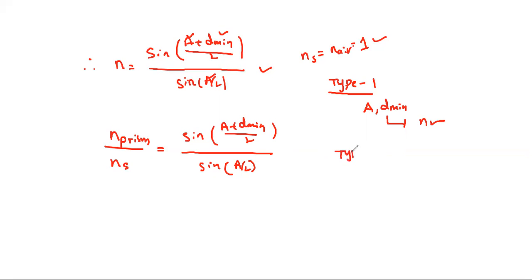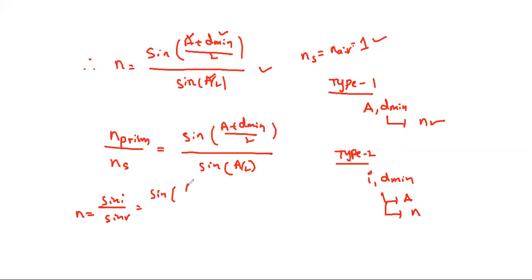In type 2 category, he will give I and D minimum. By means of that, you need to find out A first, and then you need to find out the refractive index. So to find that, you should compare the equation: n is equal to sine I by sine r is equal to sine of A plus D minimum divided by 2, whole divided by sine A by 2.